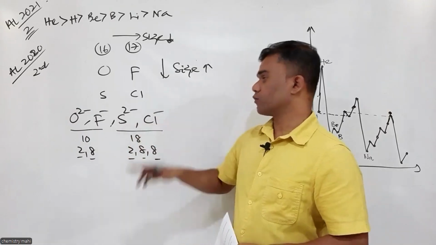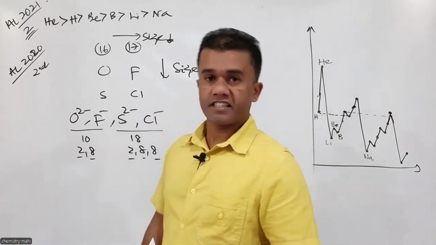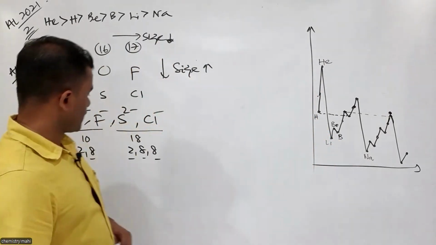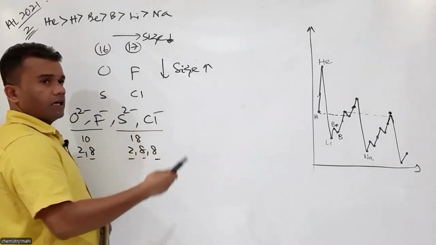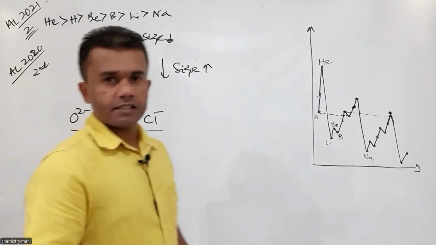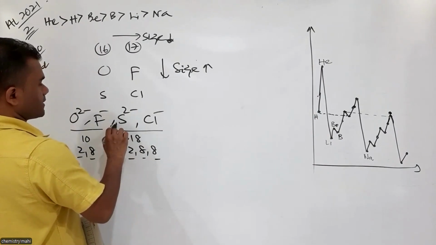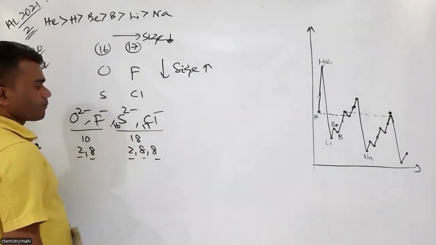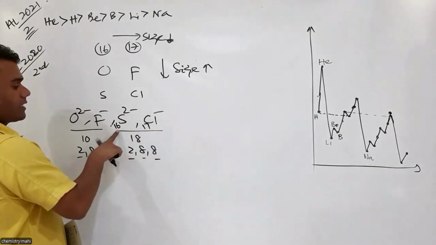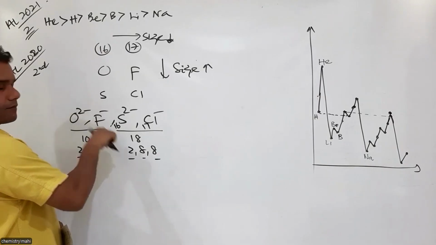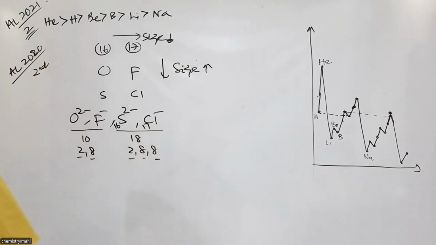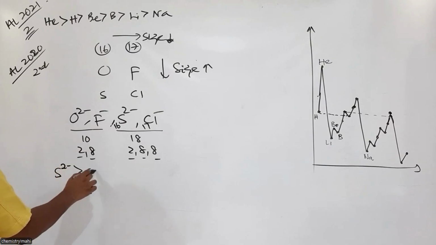But out of these two, which one is larger? In that case, I told you, if it is isoelectronic species, radius decreases when atomic number increases. So the atomic number of sulfur is 16, this is 17. So 17 should be smaller than 16. Atomic number increases, size decreases. So the largest one should be sulfide, thereafter chloride.